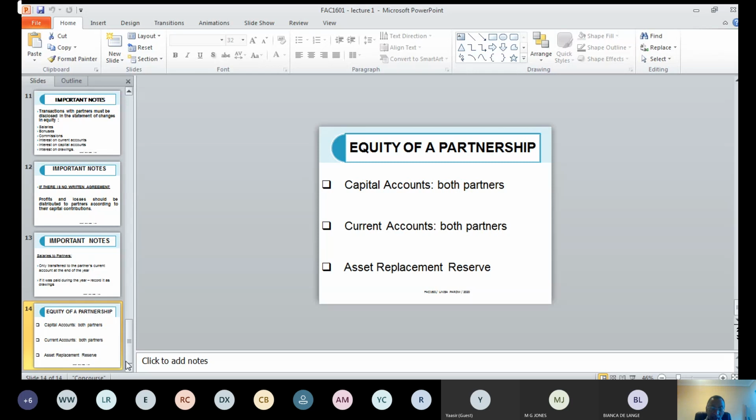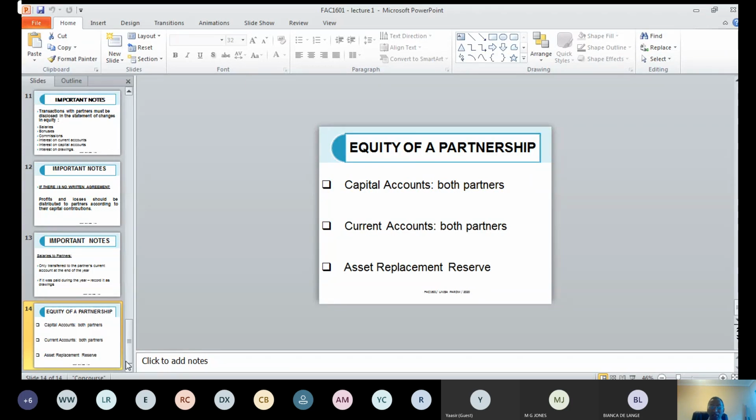So it is possible that from the profits every year, the owners may decide to keep a portion of that profit to one side. We call that an asset replacement reserve. The money may accumulate there, and it is actually part of your equity, because it is past profits that will accumulate into your asset replacement reserve.